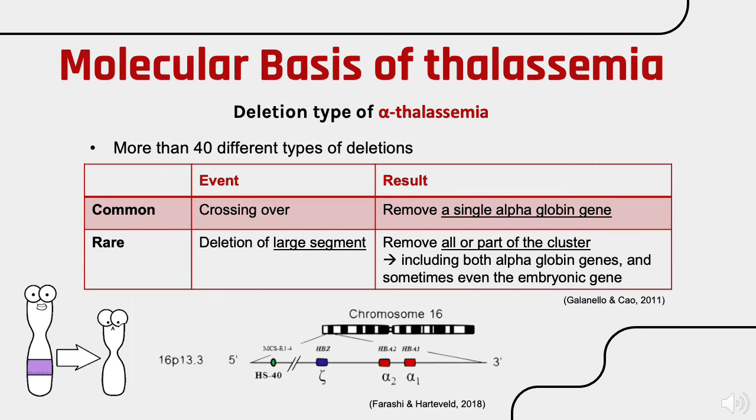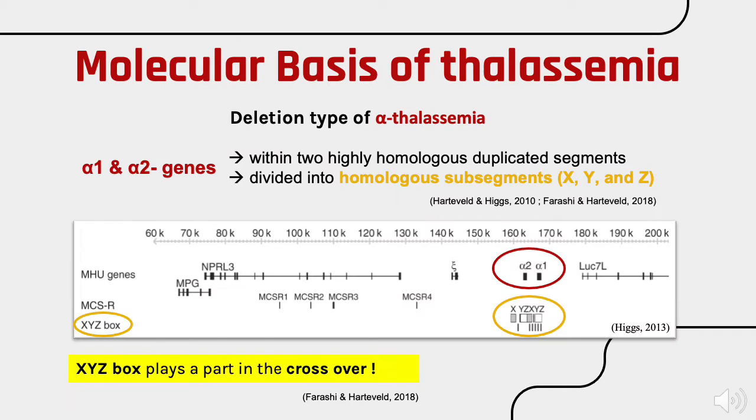In alpha thalassemia, there are many types of deletions, and the major cause is crossing over, which results in the removal of single alpha globin genes, and it's very rare that a deletion of a large segment happens.